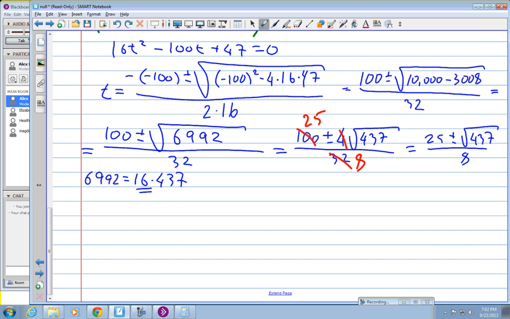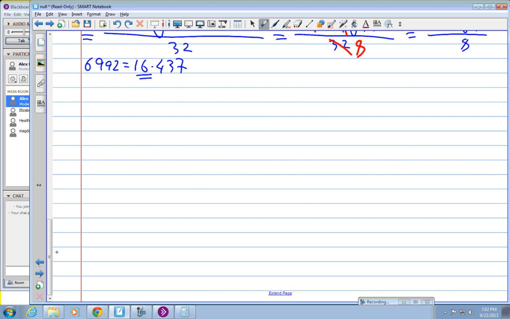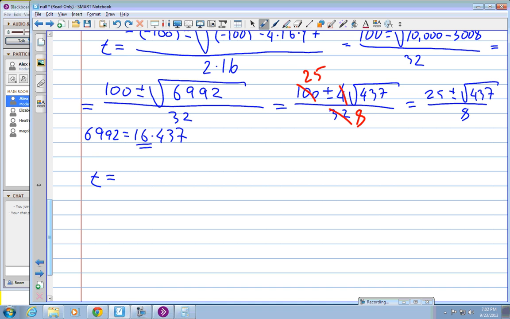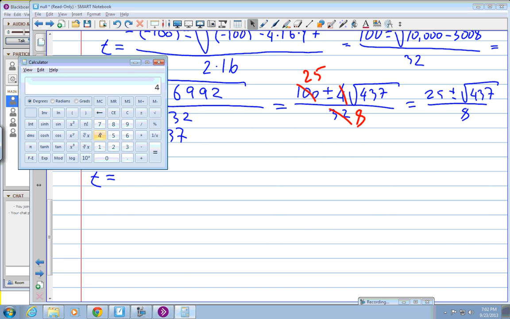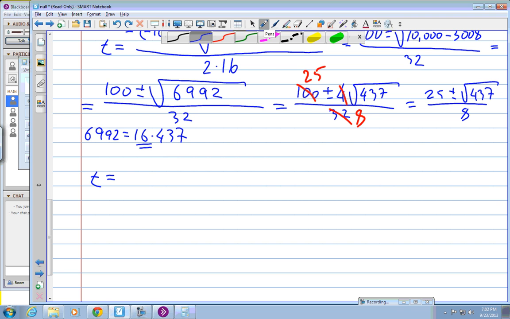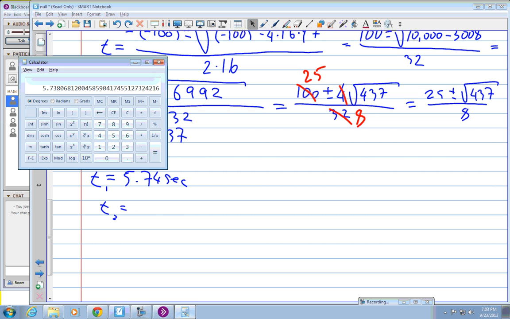So that gave us 2 points in time. I can plug them in. t equals the square root of 437 plus 25, divided by 8. So 5.74-ish. So that's 1. And the other one was, if we use the minus, take the square root of 437, subtract that from 25.